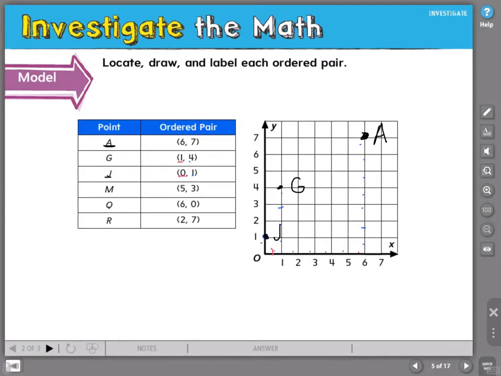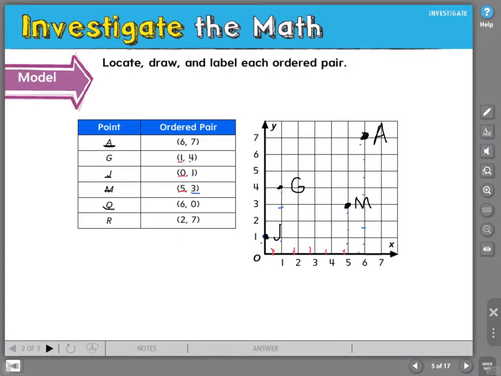So J is right here. Now let's take a look at M. M tells me to move 5 units on the x-axis. 1, 2, 3, 4, 5. And 3 units on the y-axis. 1, 2, 3. So point M will be located here.